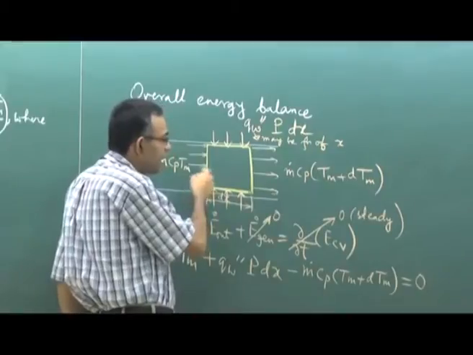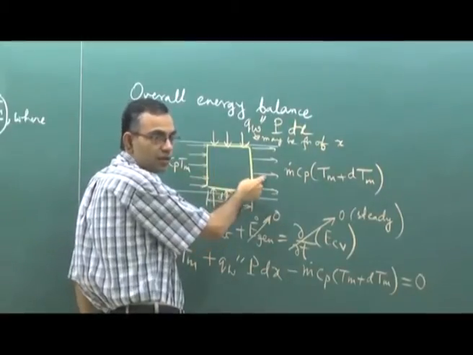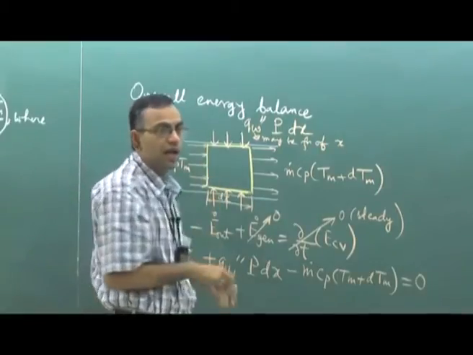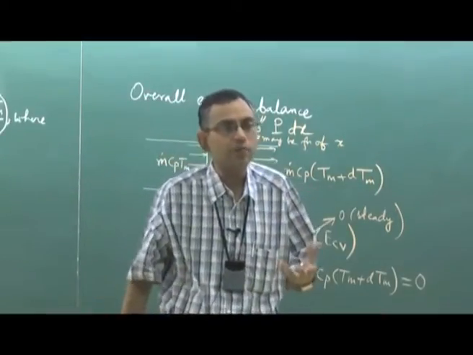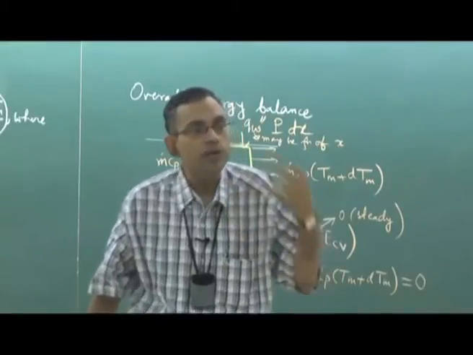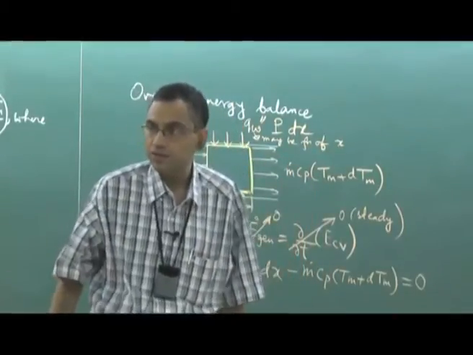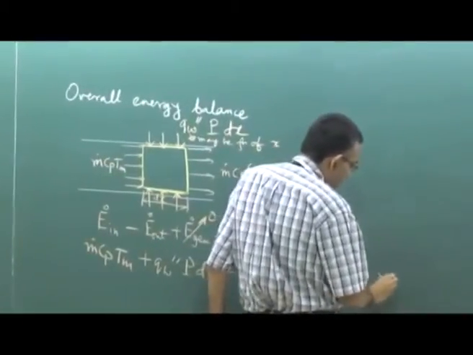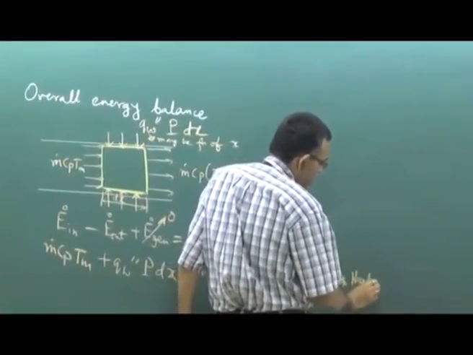We had not taken any axial conduction, and that is valid in many practical problems where advection is much more dominating than axial conduction. So this is valid neglecting axial conduction.